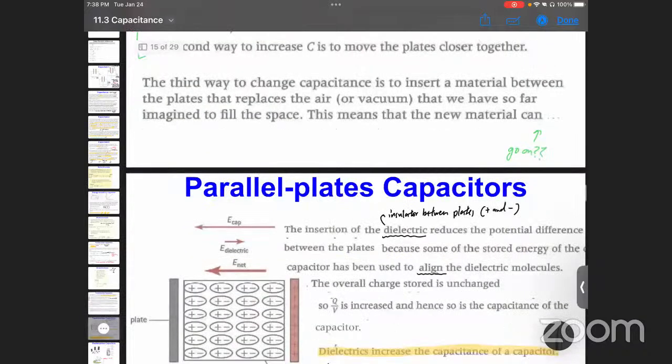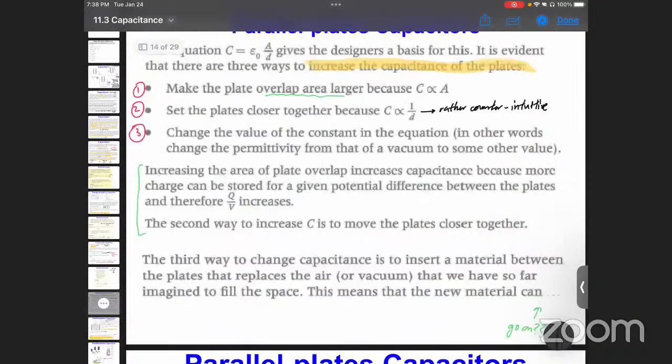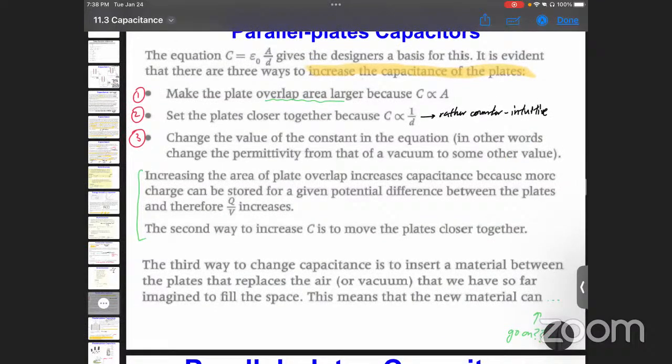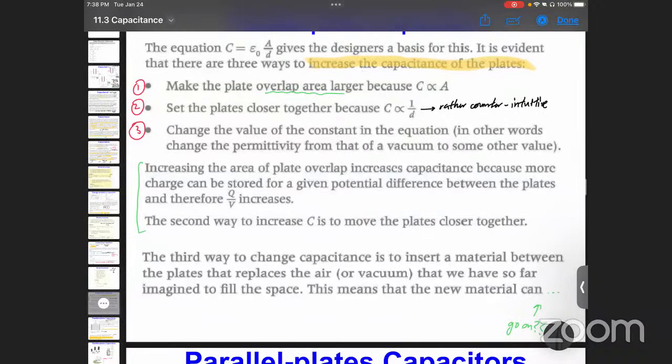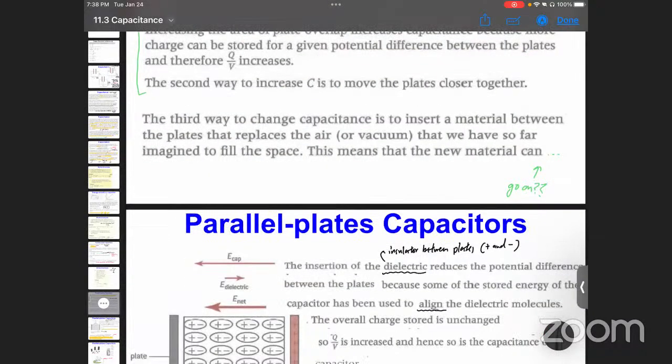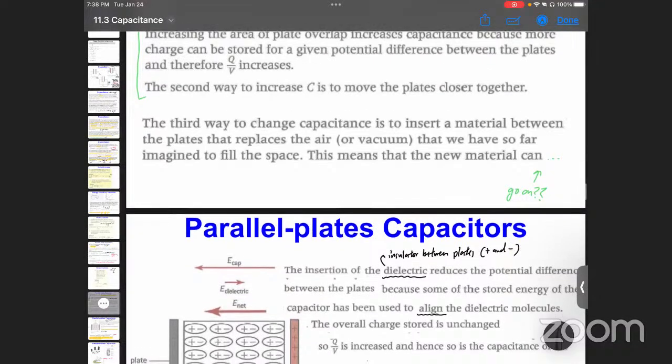Wait, what's the best material for capacitance? Like the best insulator. I'm not too sure of the exact thing, but ceramic is very good, because the material has electric dipoles, just like magnets.